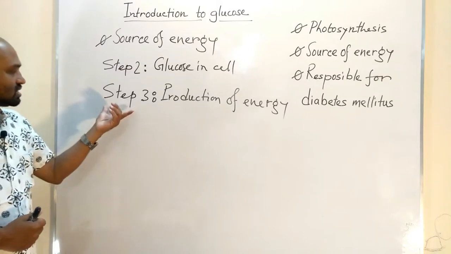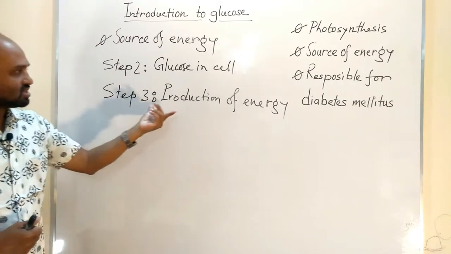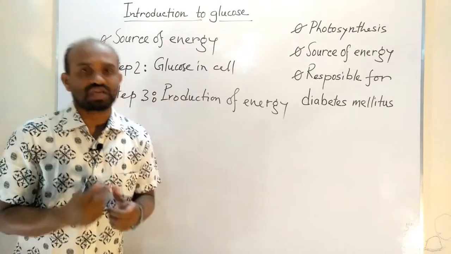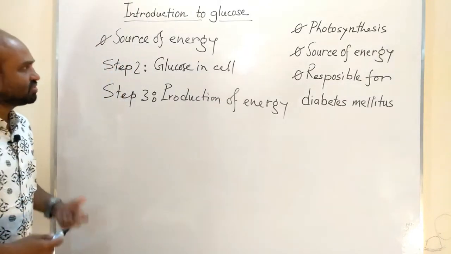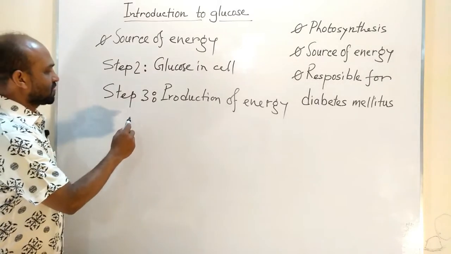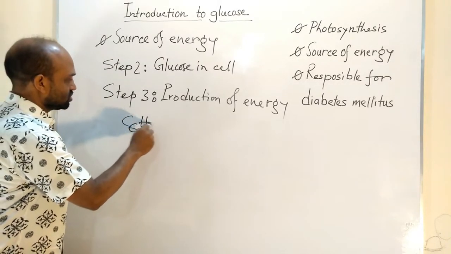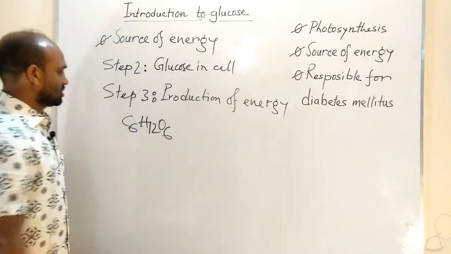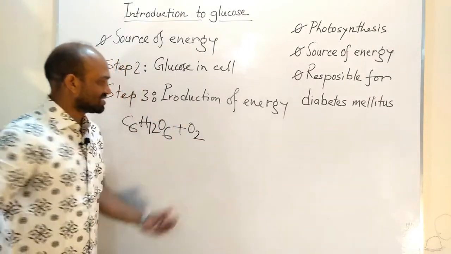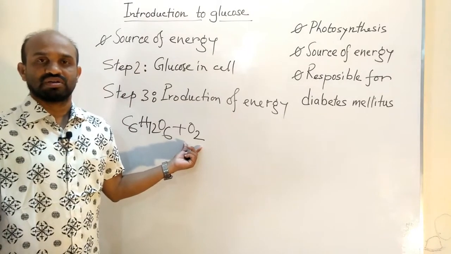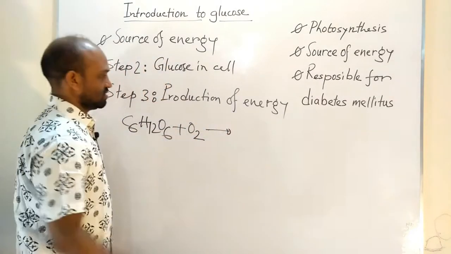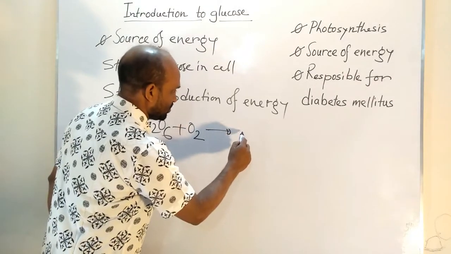Now step 3 is production of energy. In the cell of the living body this reaction happens, that is glucose reacts with oxygen which is taken during inhalation, and then what is formed?